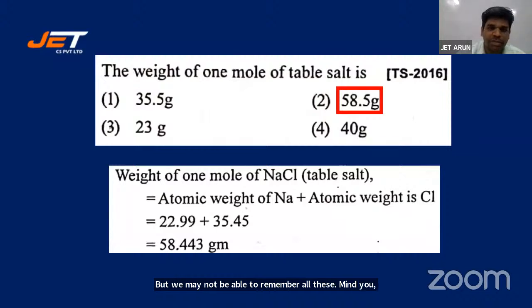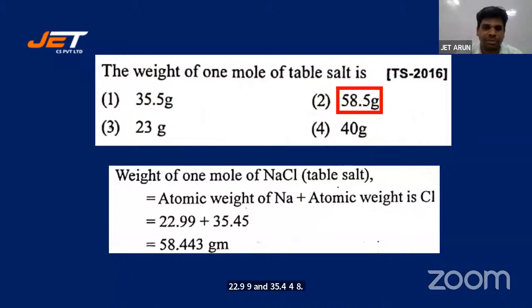Even if you add 23 and 35, you would get 58, which is far away from 1, 2, and 4. So we may not remember all the exact values like 22.99 and 35.45, right? So you can go with approximate values also.